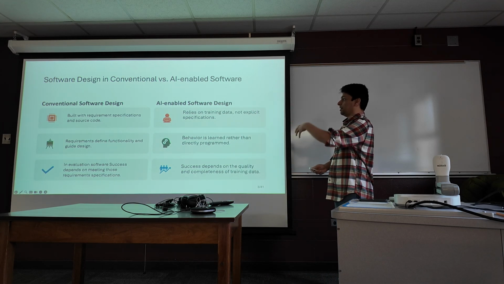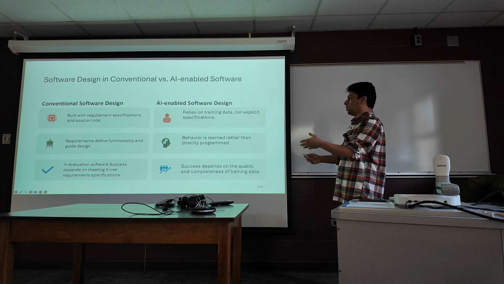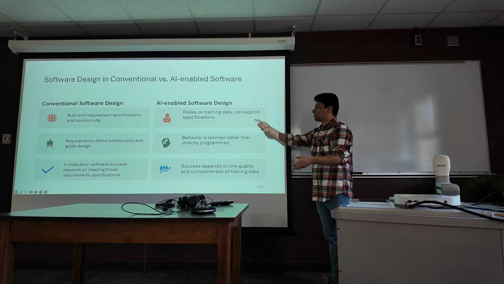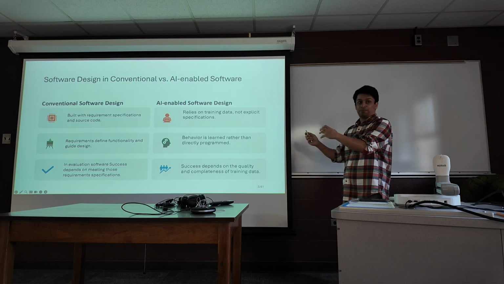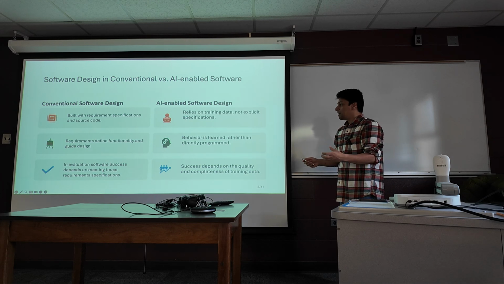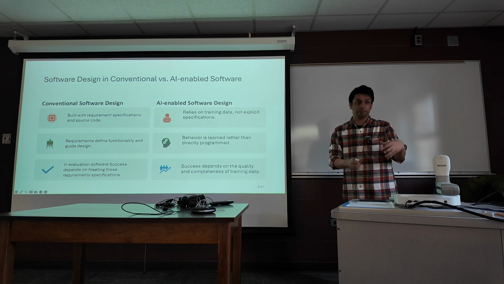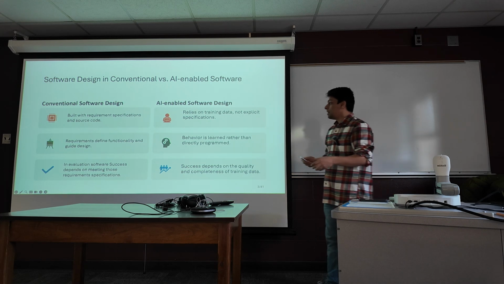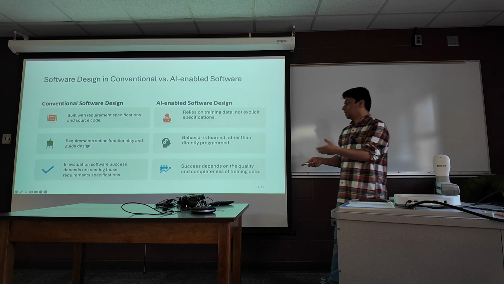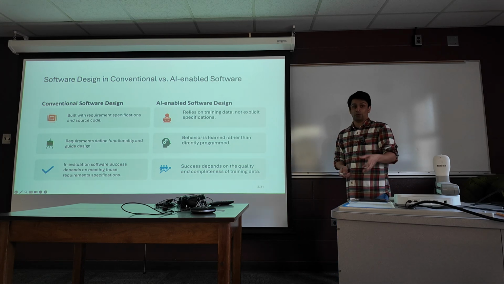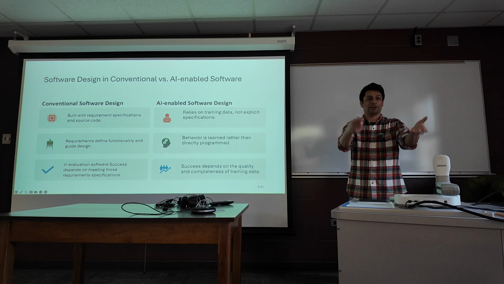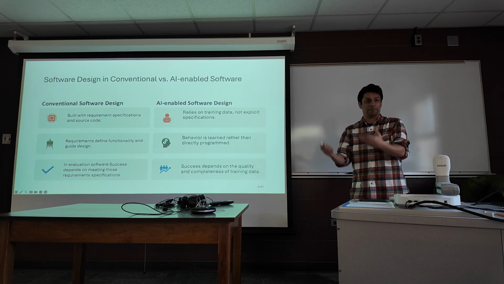In contrast, in AI-enabled software design, we mostly rely on the training data, not an explicit specification. We have a kind of specification, but it's implicit. So behavior is learned rather than directly programmed. We provide the data and train the model to learn the behavior and patterns.